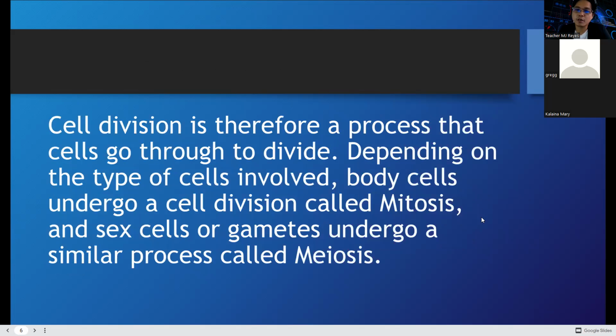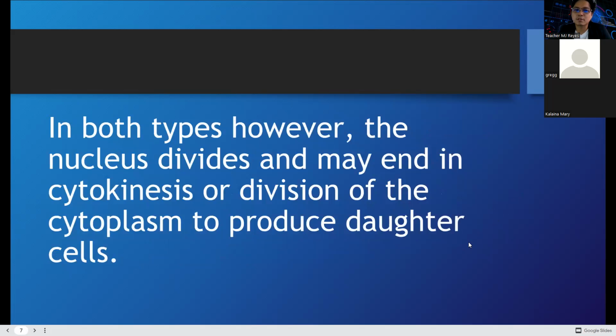Cell division is therefore a process that cells go through to divide. Depending on the type of cells involved, body cells undergo cell division called mitosis, and sex cells or gametes undergo a similar process called meiosis. Let's take a look at it later. In both types, the nucleus divides and may end in cytokinesis, or division of the cytoplasm, to produce daughter cells.